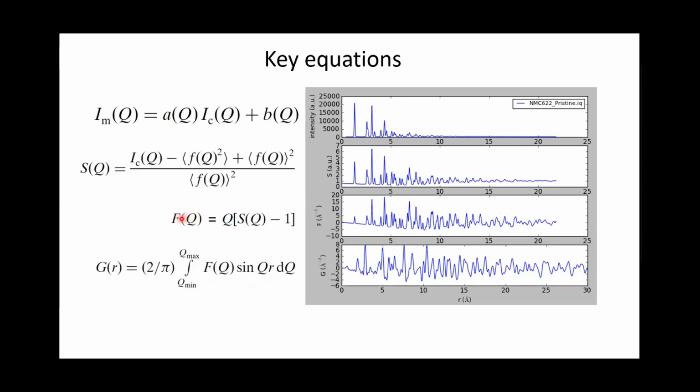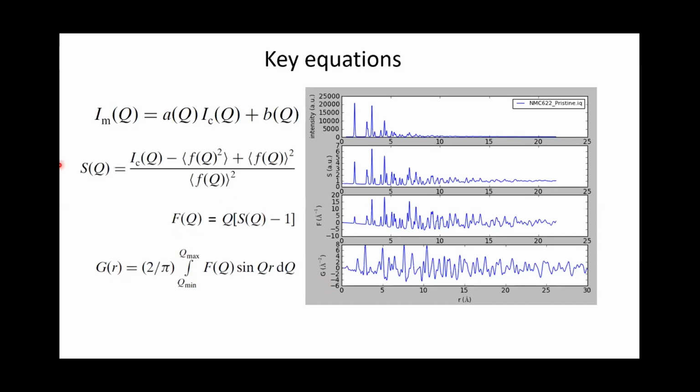But in practice, it is this F(Q), which is a function of Q and S(Q), that is really Fourier transformed. So normally the software always computes this step and then carries out the Fourier transform on this F(Q) function. Then we get this G(r), which you see here.